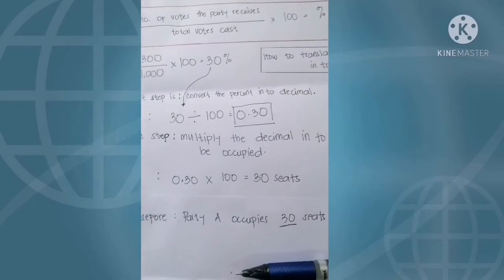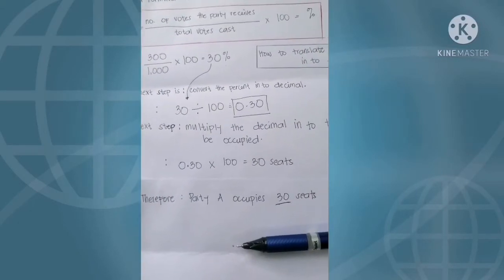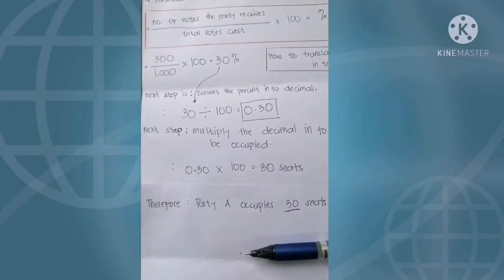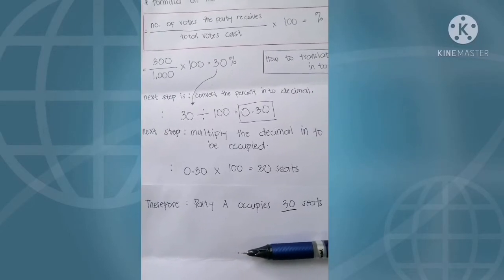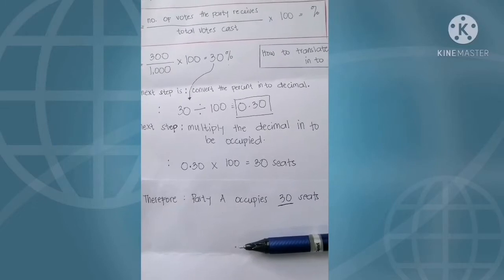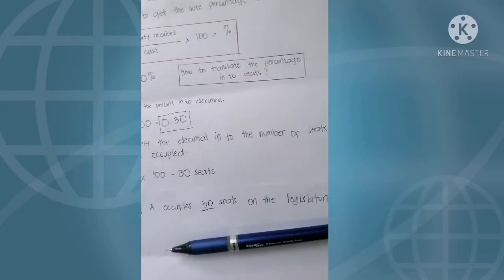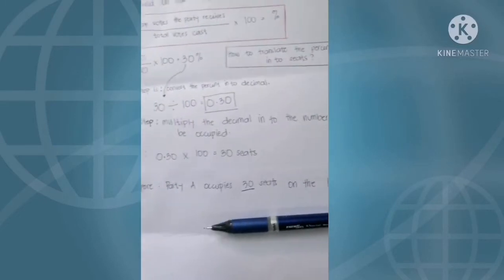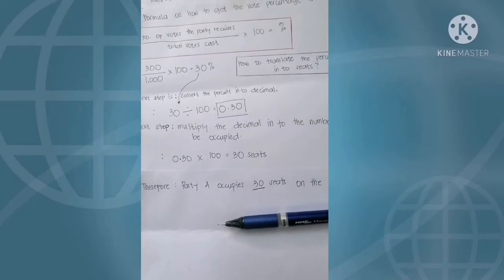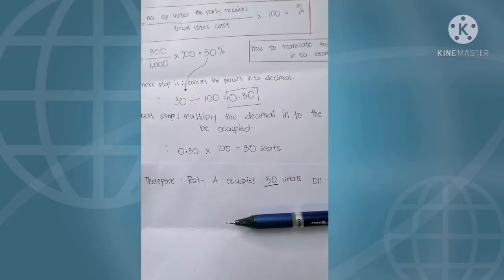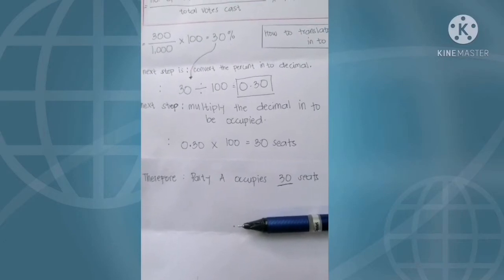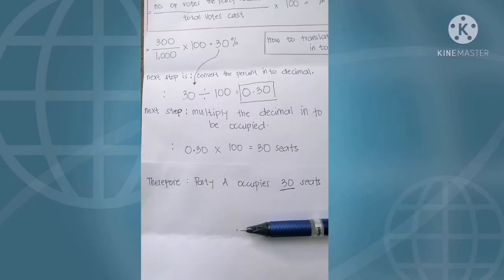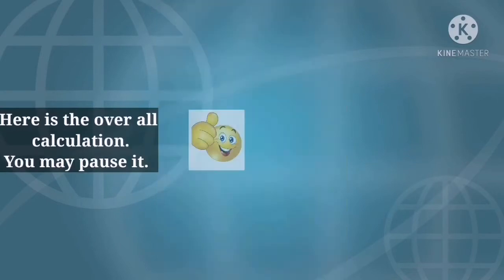The next step is to convert the percentage into a decimal: 30 divided by 100 gives the decimal of the 30%. Then multiply the decimal by the number of seats to be occupied. So 0.30 times 100, because this is the number of seats to be occupied, equals 30. Therefore, Party A occupies 30 seats in the legislature.